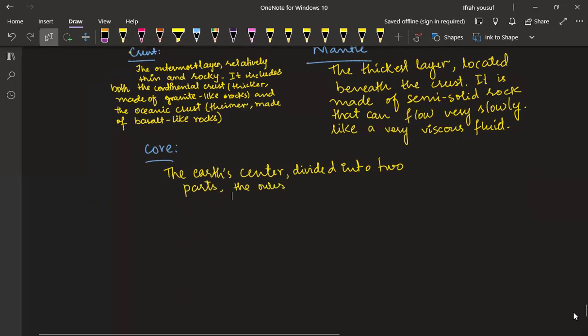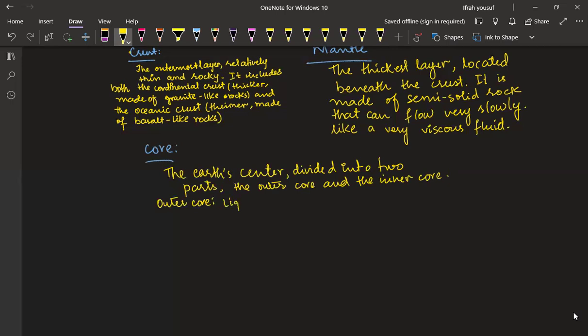Outer core, a liquid layer composed mainly of iron and nickel, right?